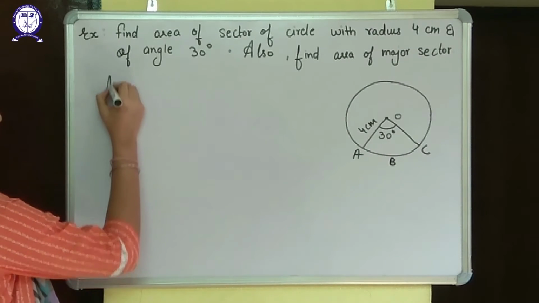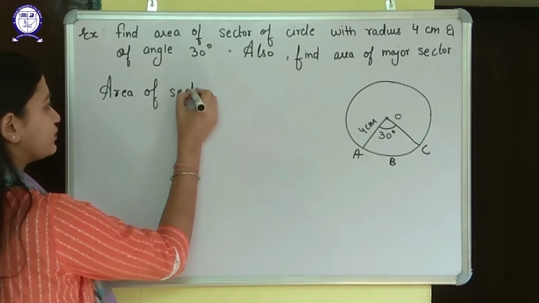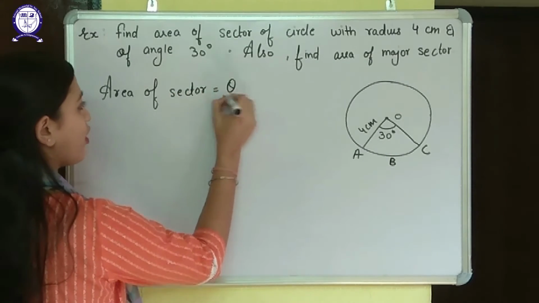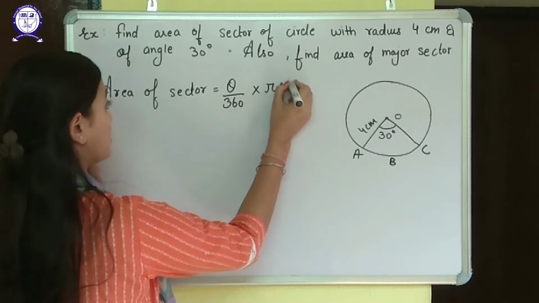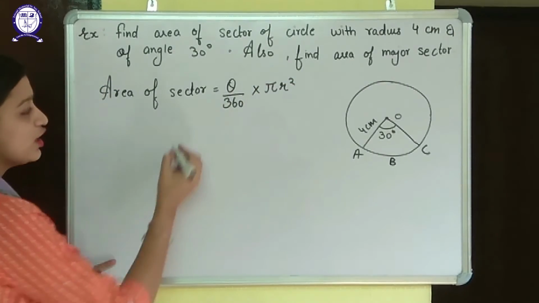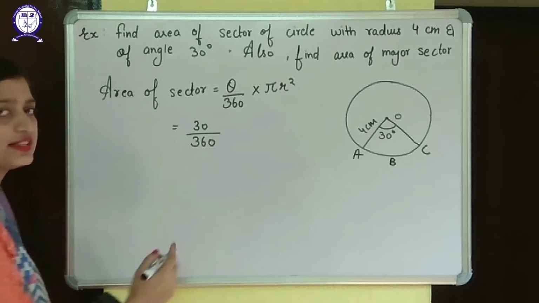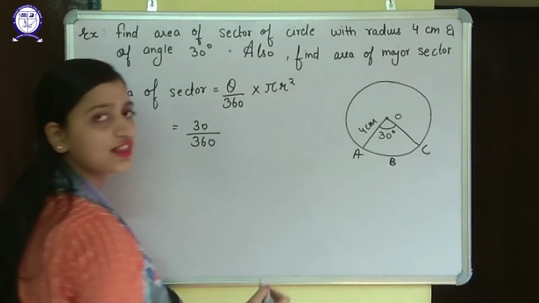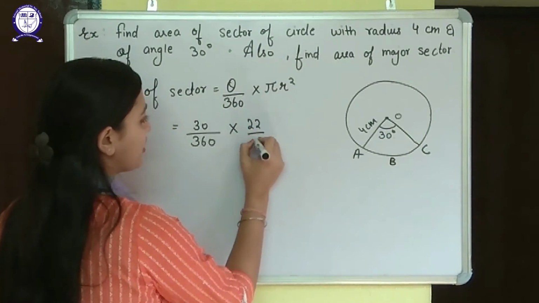Okay, so we will put the formula. Area of sector is equals to theta upon 360 into pi r square. This is the formula. So theta is my 30 upon 360. Theta is the angle given to us, that is 30 degree. Pi is my 22 upon 7.